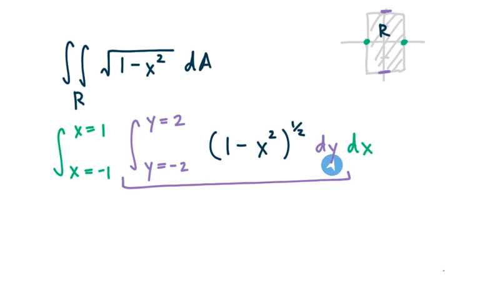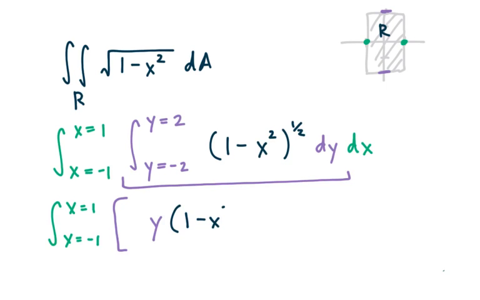Now, if I'm integrating this with respect to y, I don't have a y here, which means we treat that as a constant. I'll be left with x equals -1 to x equals 1. This is going to be y times 1 minus x squared to the 1/2. We evaluate that from 2 to -2, and then we've got our dx.